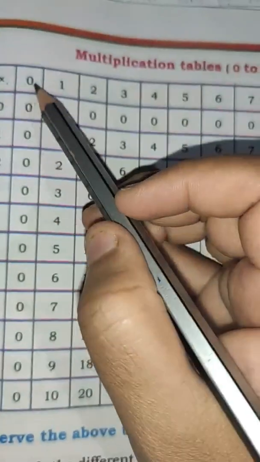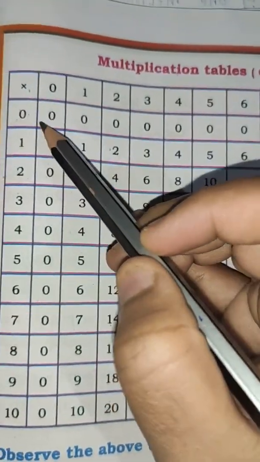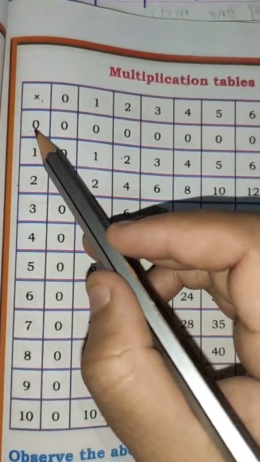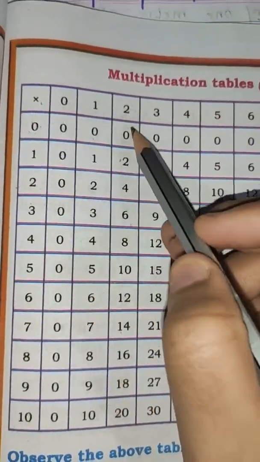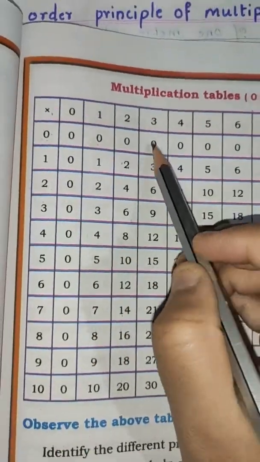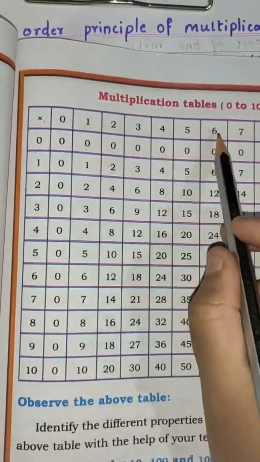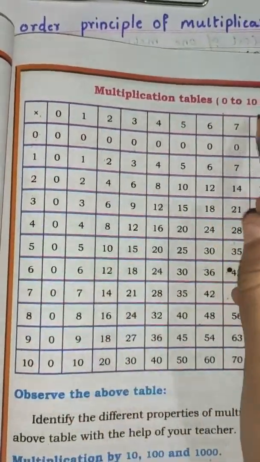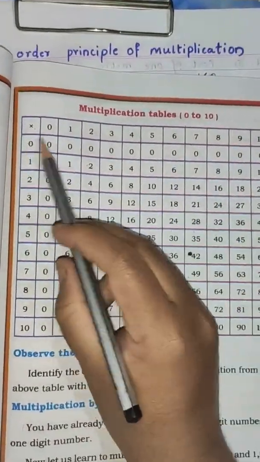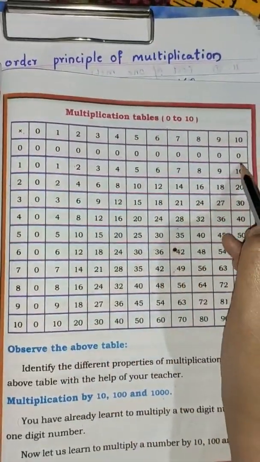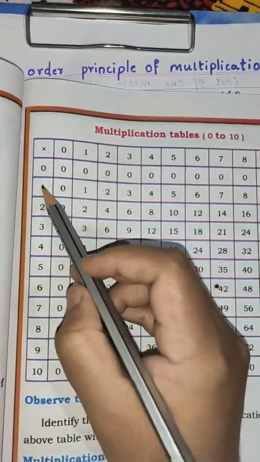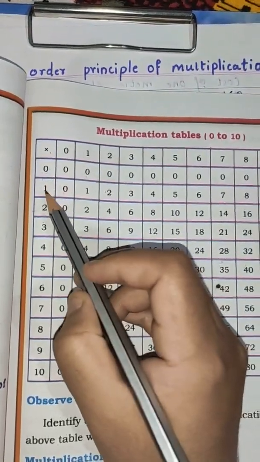So see here, first one 0 into 0, 0. Next 0 1s are 0, 0 2s are 0, 0 3s are 0, 0 4s are 0, 0 5s are 0, 0 6s are 0, 0 7s are 0, 0 8s are 0, 0 9s are 0, 0 10s are 0, right? After 0, come to the 1.